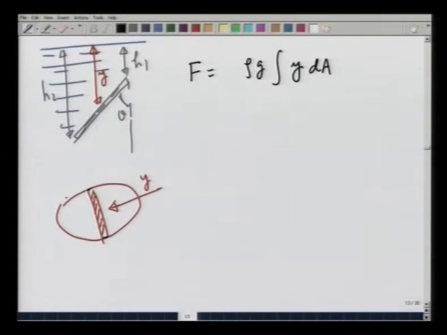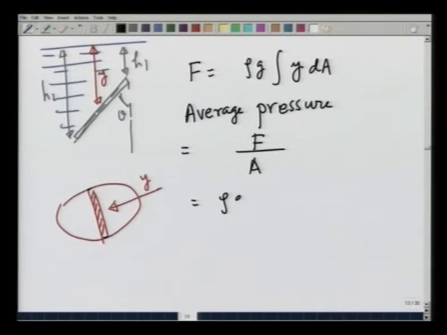So, this could be a function, and the average pressure is going to be the net force divided by the total area, which is equal to rho g integral y dA divided by the area. But this precisely is the definition of the centroid of the plate.